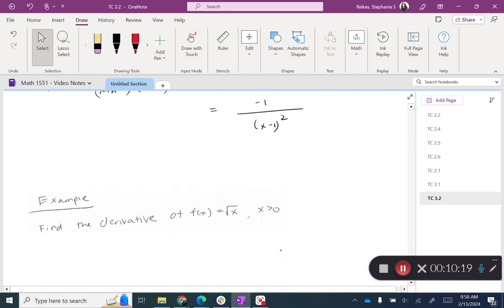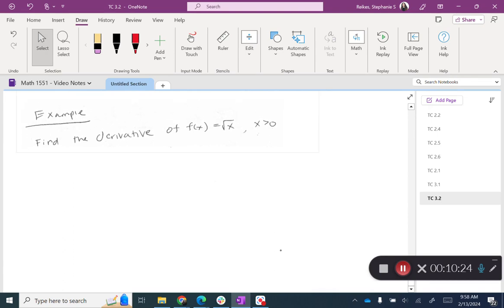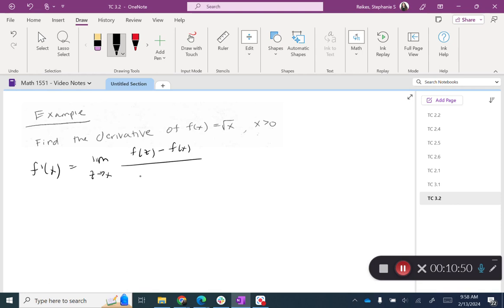All right, let's take a look at one final example. Let's find the derivative of f of x is equal to the square root of x. All right, just to change it up a little bit, I'm going to go ahead and use that alternate definition that says f prime of x is equal to the limit as z approaches x of f of z minus f of x all over z minus x.